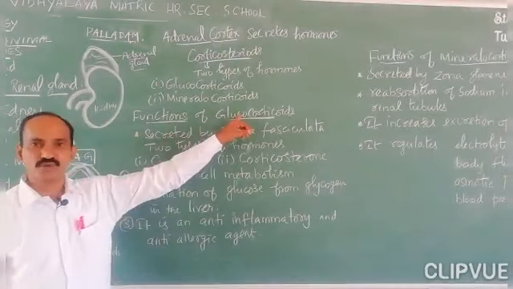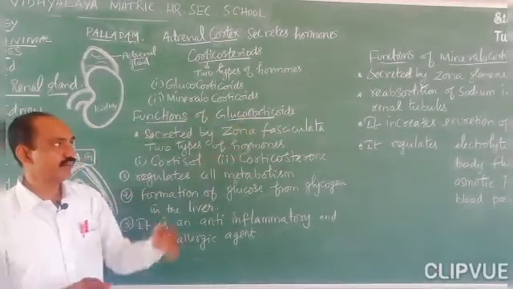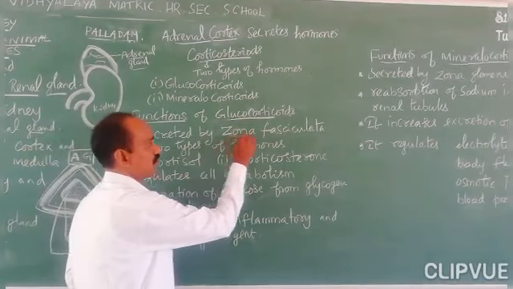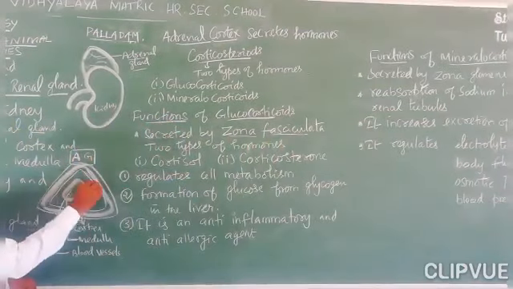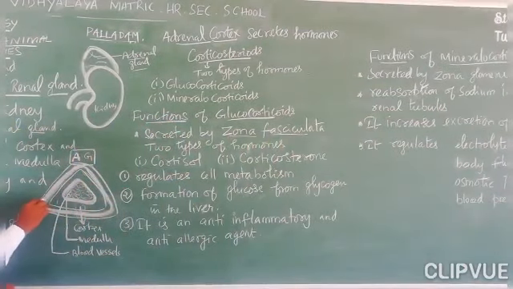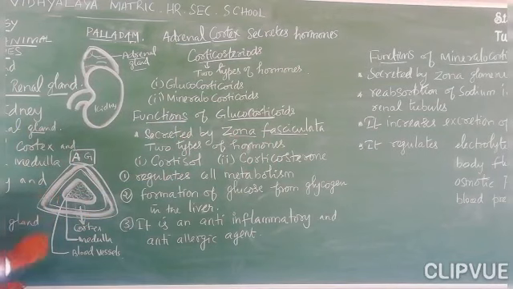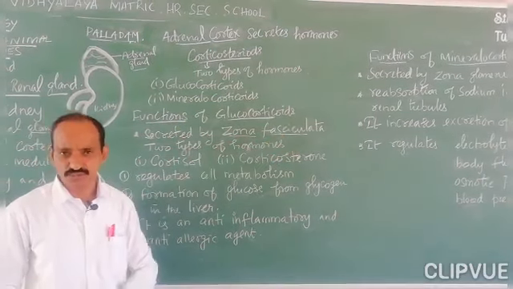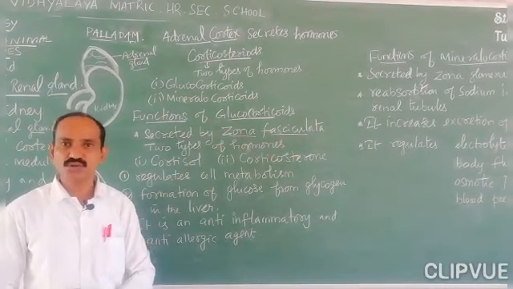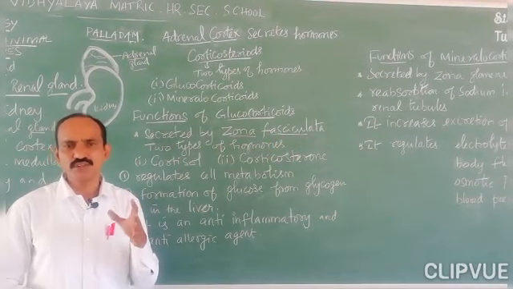Glucocorticoids are hormones secreted from the zona fasciculata layer. Only from this zona fasciculata is this hormone secreted. Which one? Glucocorticoids. The name itself tells it.